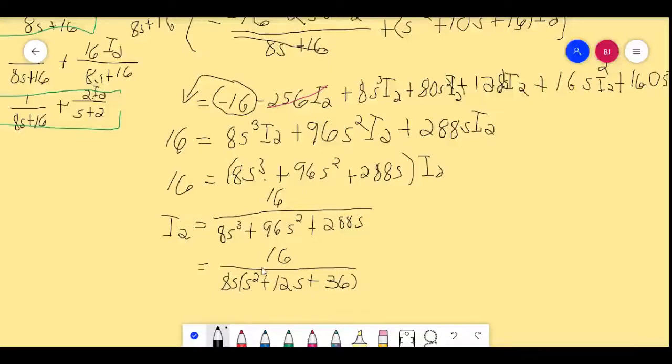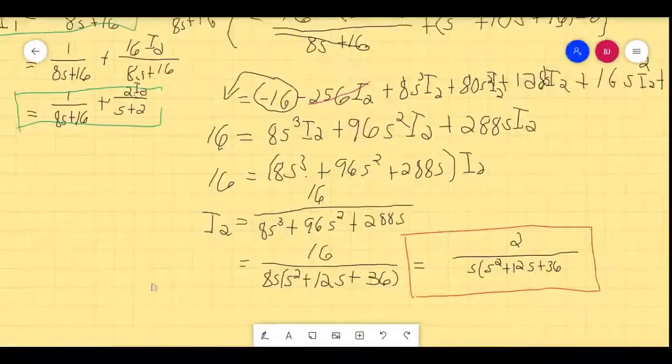We'll be able to simplify this, and then finally we have I2 would be 2 over s multiplied by s squared plus 12s plus 36. And this would be our I2.